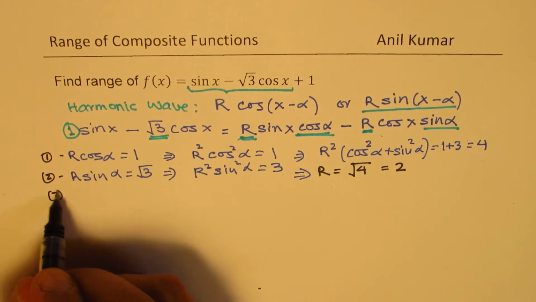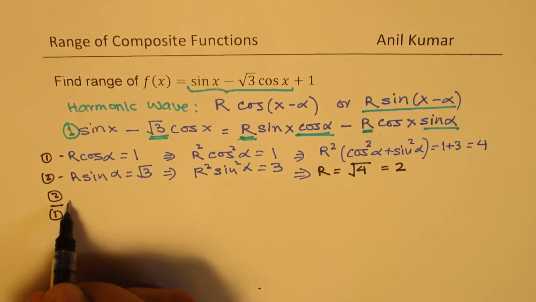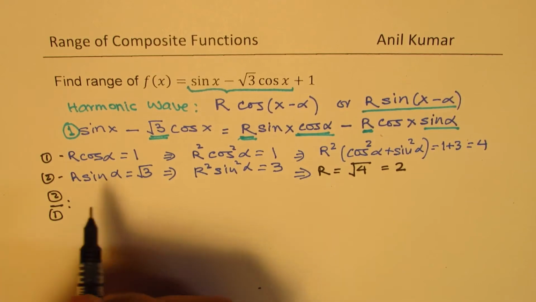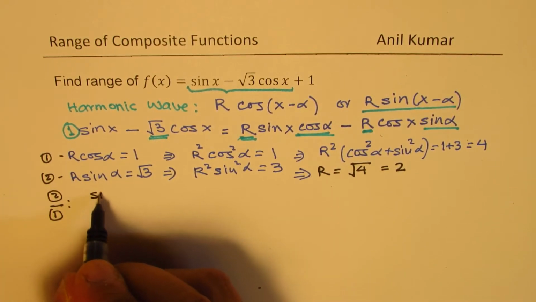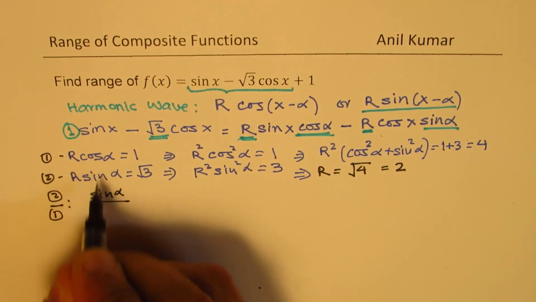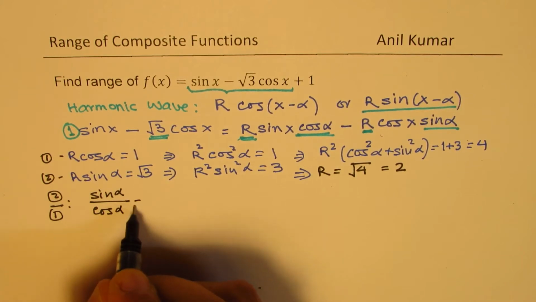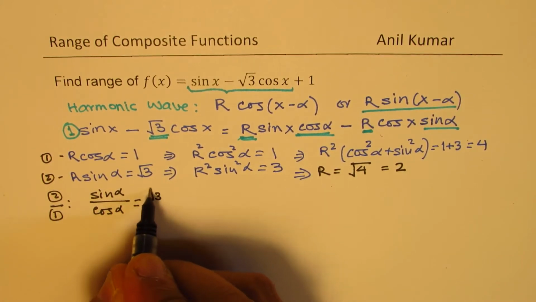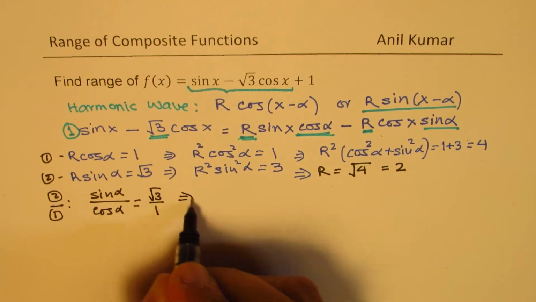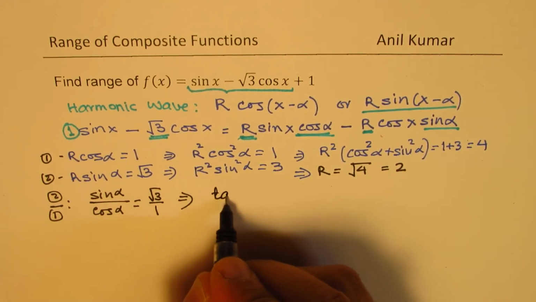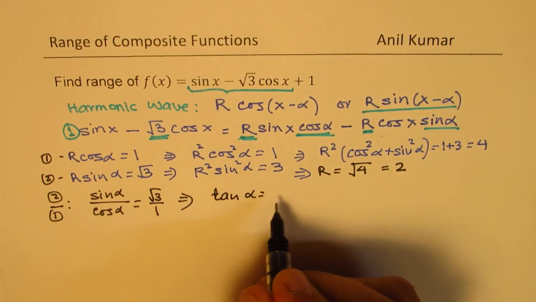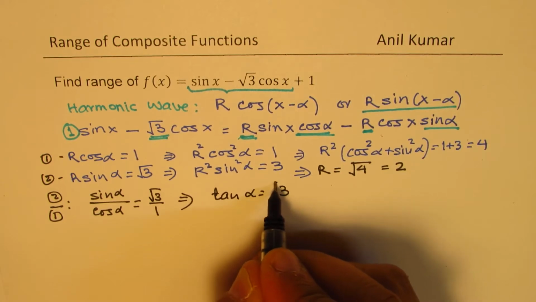So if I do equation 2 over equation 1, divide one by the other, in that case we get sine alpha over cos alpha equals square root 3 over 1. Now that gives you tan alpha equals square root 3, right?